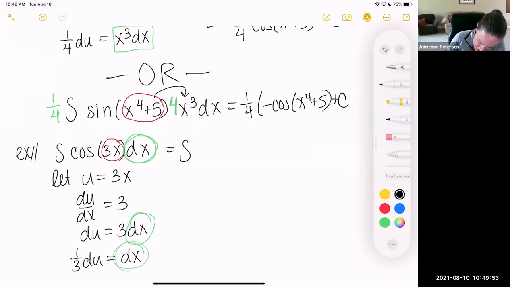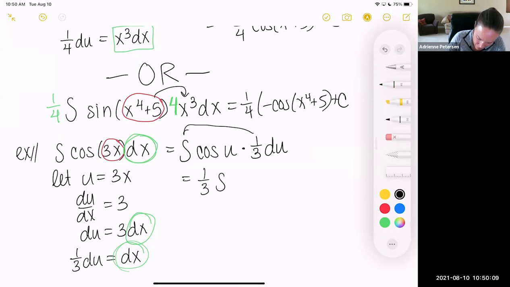So now rewriting this, I have the integral of cosine of u, and then dx is equal to 1/3 du. The next step would be to move the 1/3 out in front. Now we can compute this integral pretty quickly. We know that the antiderivative of cosine is sine.